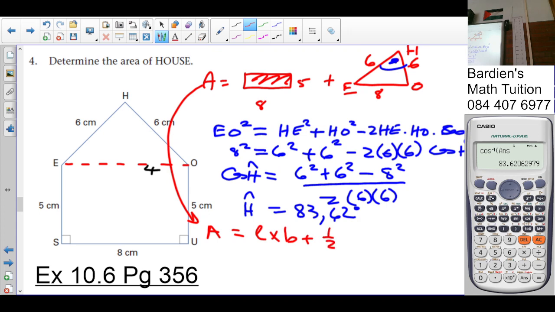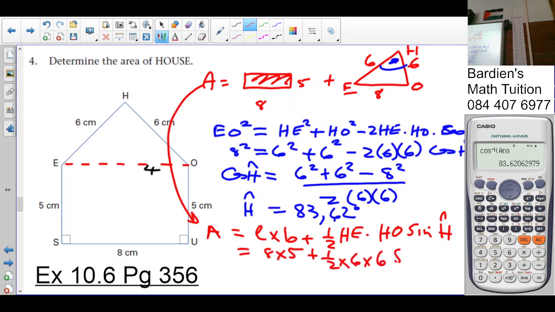In this case, it's going to be the 2 lengths, HE times HO, times sine of angle H. So it's 8 times 5 plus half times 6 times 6 times sine of angle 83.62.